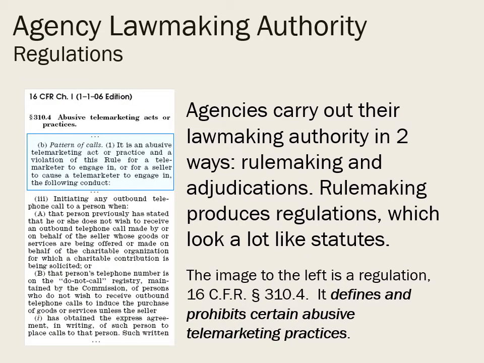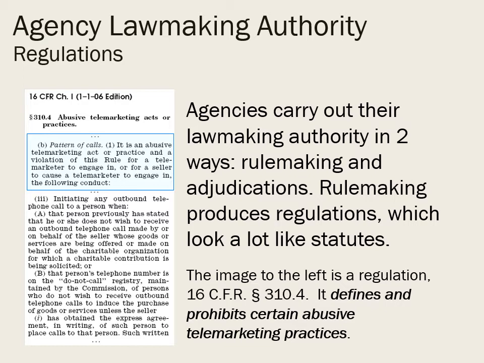And then the FTC and other agencies carry out this authority in two primary ways: adjudications and rulemaking. Adjudications are kind of like a mini version of a court trial, and we will cover those later in the semester. Rulemaking is like a mini legislative session, and it produces regulations, and regulations happen to look a lot like statutes.